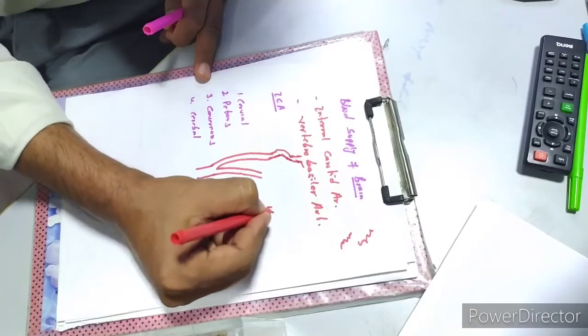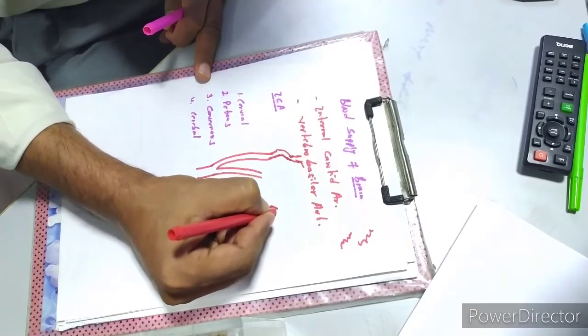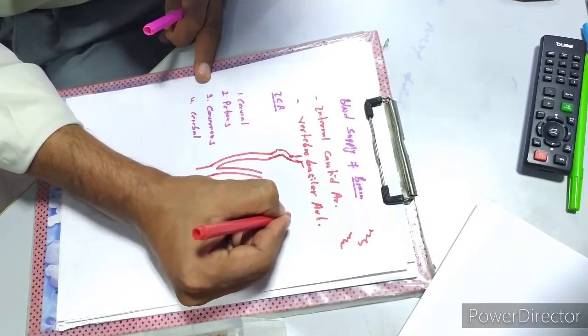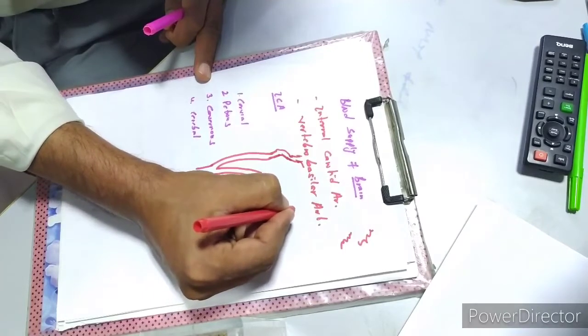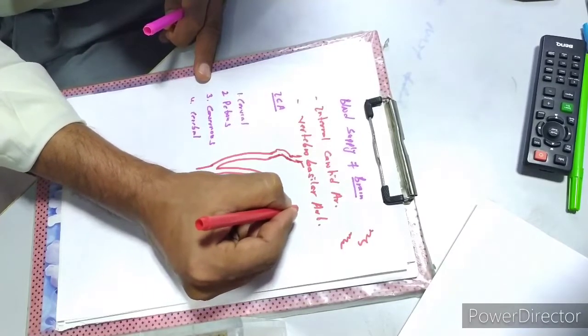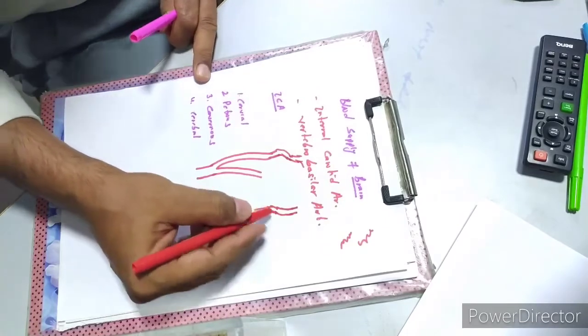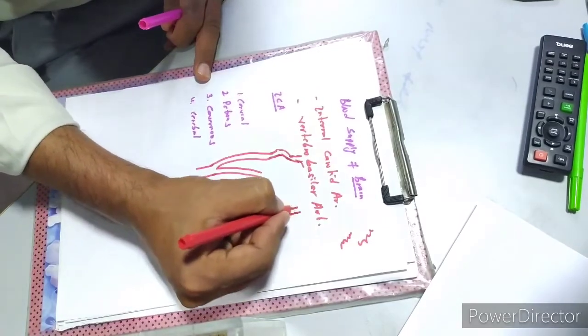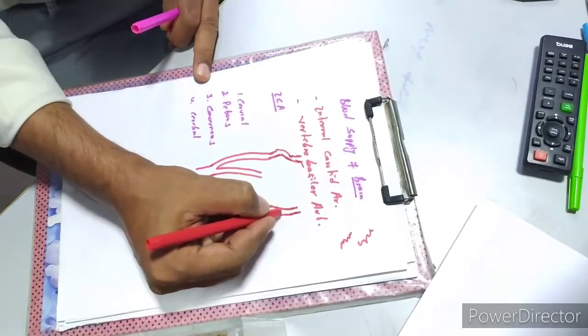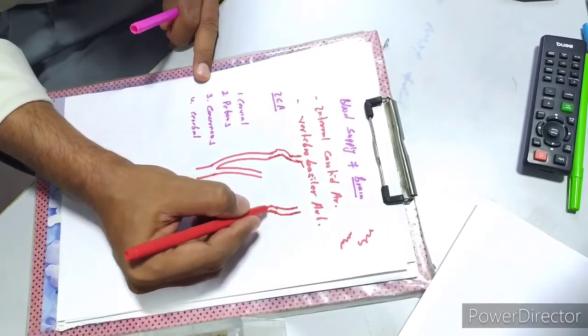Here it slightly turns, and then it enters into the cavernous part, runs along with the abducens nerve to its posterior lateral surface, and this cavernous part is separated from the cavernous sinus by the endothelium.